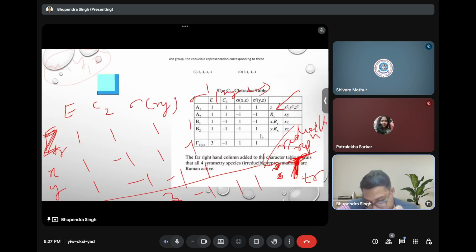I think we got the answer, right? The reducible representation corresponding to 3 T, that's what they have asked.